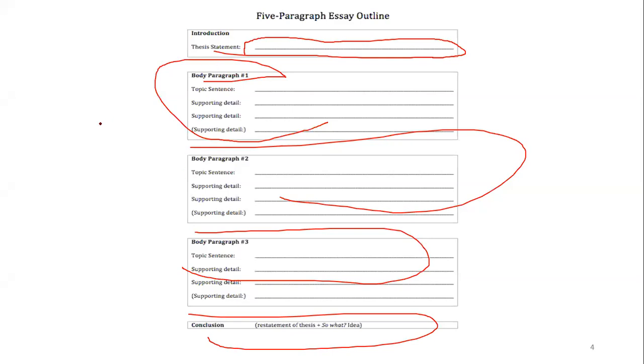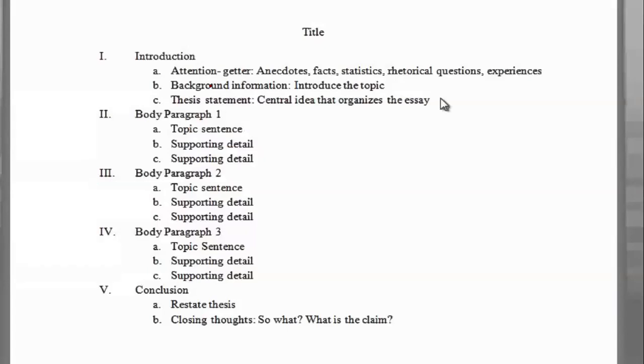Let's look at another example. Here is a very general sketch. First of all, we write the introduction of an essay. As I have told you earlier, briefly, an essay consists of an introductory paragraph, then the main body, and then the concluding paragraph.